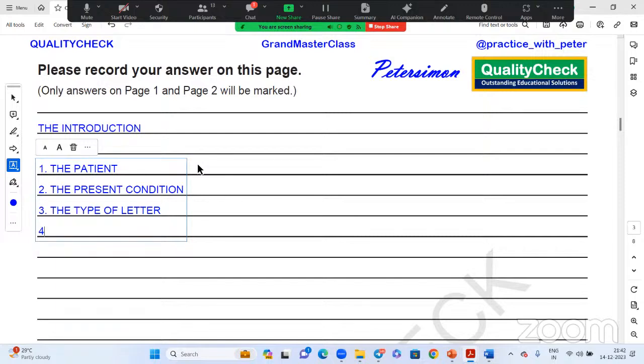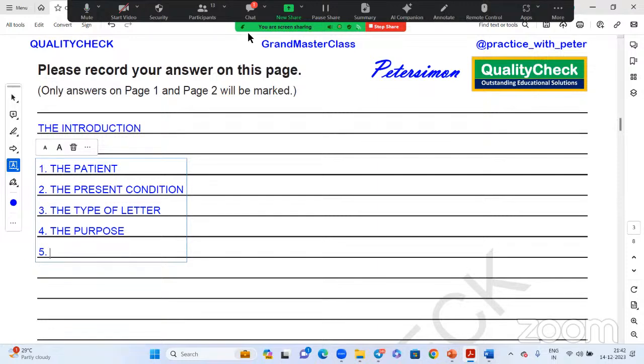Next one, the purpose. The purpose of the letter. The purpose why you are writing the letter. The reason we call it the purpose or the reason for the letter.